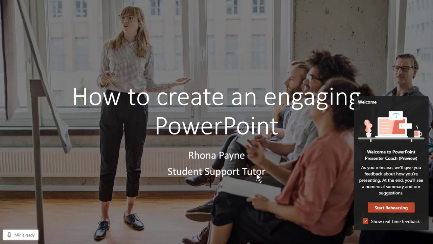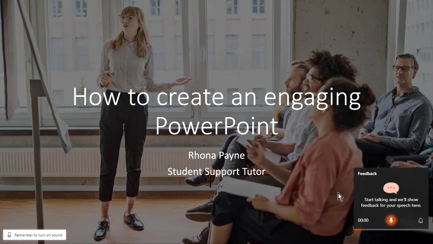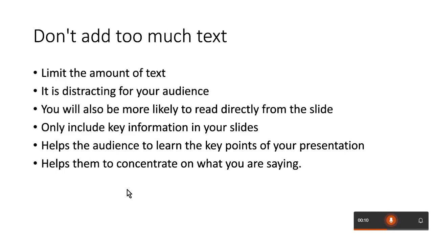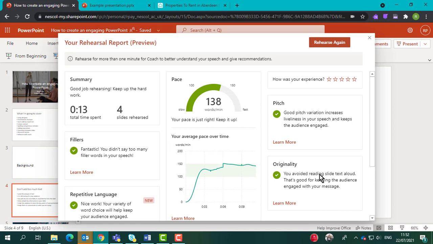So if I just click Start Rehearsing and then start delivering my presentation as if it was the real thing, going through my slides, and then when I'm finished, I will see a report on my performance, identifying what I did well and what I could improve on, with aspects such as my pace, my use of filler words or any repetitive language.